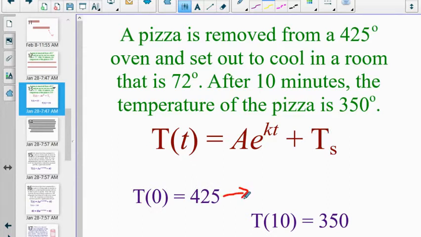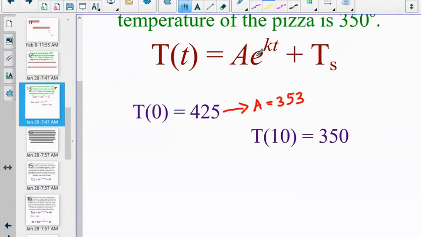I'm going to skip a lot of the algebra so this video doesn't end up being too long. But when you solve it, you'll get A equals 353. Again, that comes from a relatively simple equation that is basically 425 equals A times 1 plus 72, so this just comes from 425 minus 72. And then once I have that, I've got those two constants.